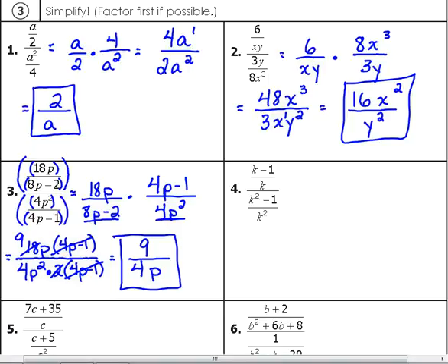Okay, let's do number 4. K minus 1 over k squared minus 1 over k squared. Keep the top the same, k minus 1 over k, times, flip the bottom one over, k squared over, let's go ahead and factor since we're going to have to do it eventually. K squared minus 1 is the difference of perfect squares, so that's k plus 1 times k minus 1.